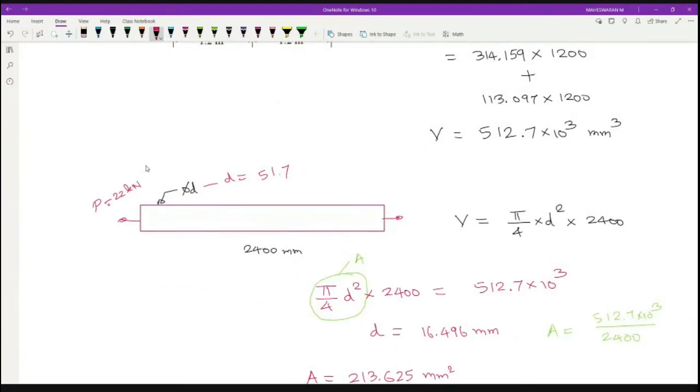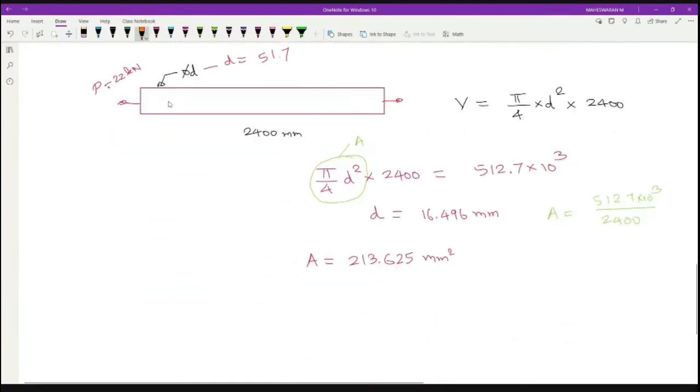So let us identify our deflection del L. My del L is equal to P L by A E, where P is 22 into 10 power 3, L is 2400 here, divided by the area. The cross section area is 213.625 into Young's modulus.